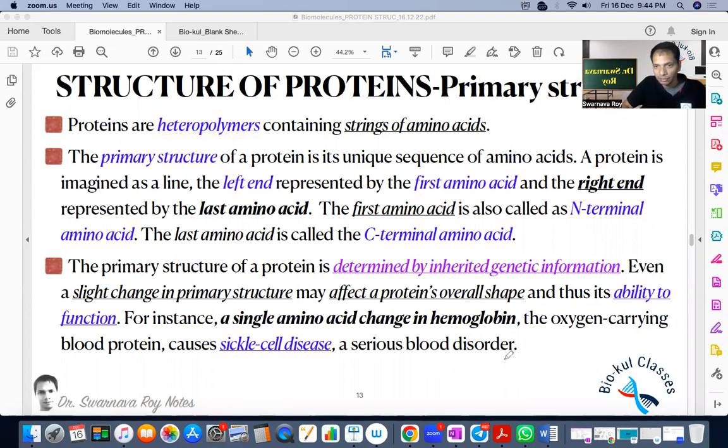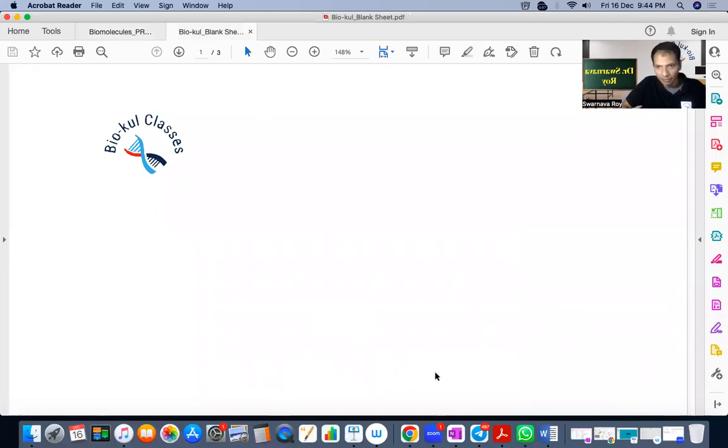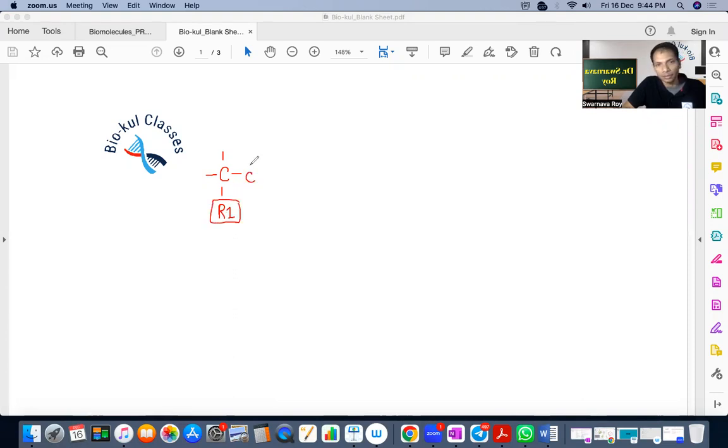So we can clearly go and have an idea of how this reaction takes place. Let's say this is one amino acid. This is R1. This is the C. This is the COOH group. This is the NH2 group.